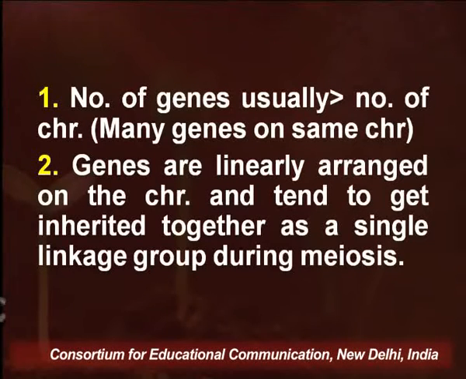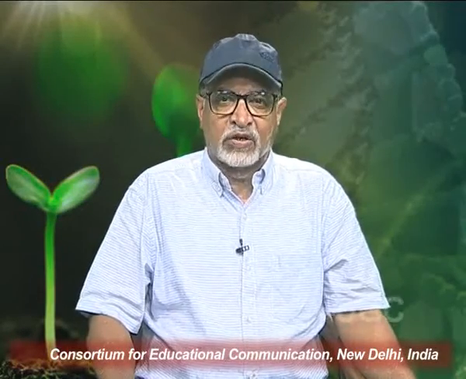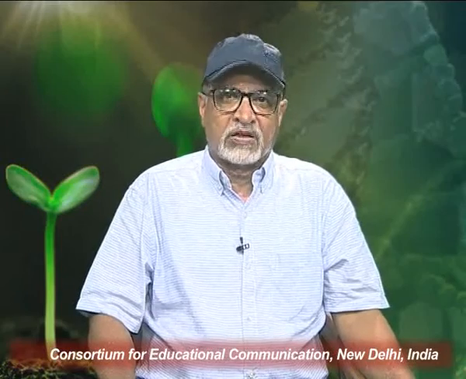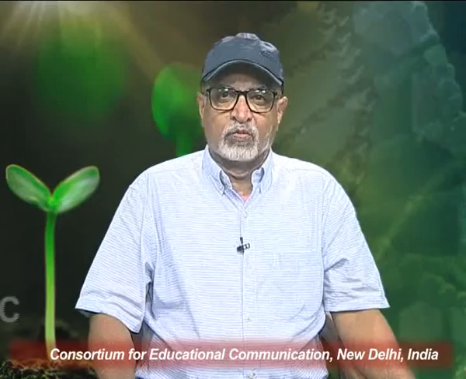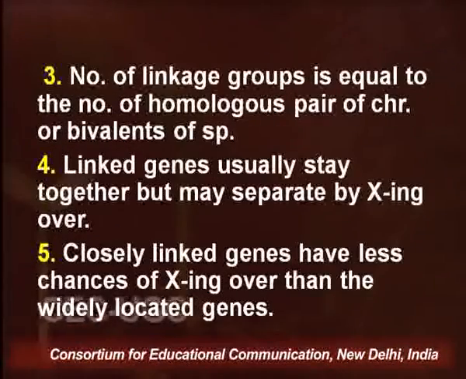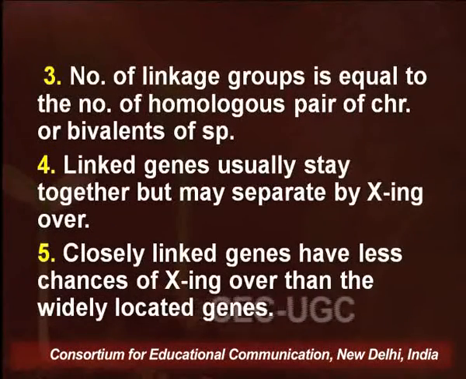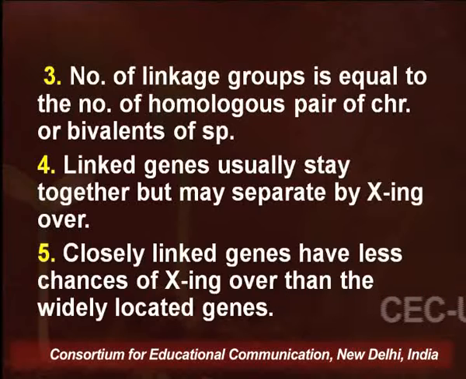This would obviously mean that many genes would reside on the same chromosome, and if this is so, the genes which are linearly arranged on the chromosome would all tend to get inherited together as a single unit, that is a single linkage group during meiosis. Another aspect we should not forget is that the number of linkage groups would be equal to the number of homologous pairs of chromosomes or the number of bivalents of a particular species.